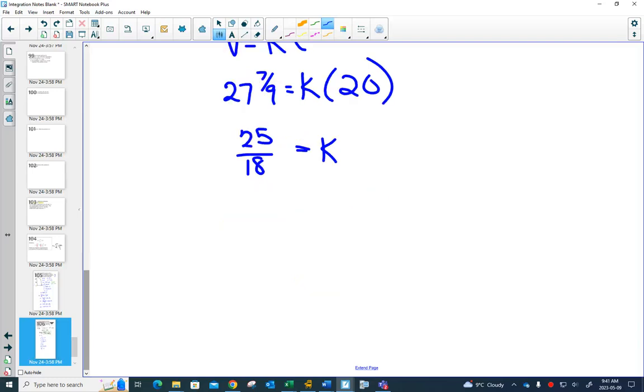So now I know my velocity formula is 25/18 t, and I can integrate that.